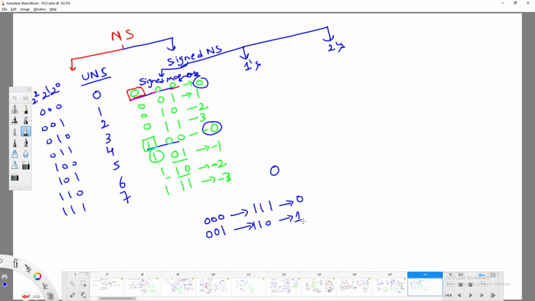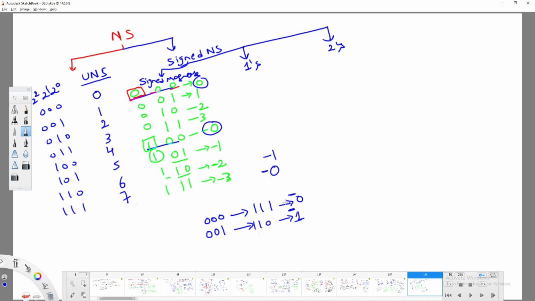So is this normal 1 or complement 1? Complement 1, meaning that it should be minus 1, it should be again minus 0 only. There is no meaning for minus 0. That's why I didn't write it. For your understanding, I am going to make it as minus 0. So 110 represents what? Minus 1.